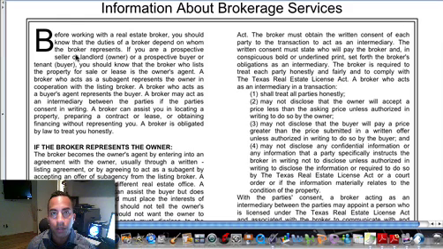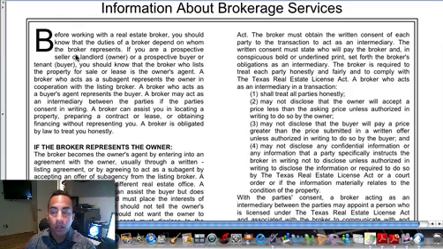The realtor is in a contract to have fiduciary responsibility to look after his client, and in that case is the seller. So his obligation is to get as much money for the client as possible, the seller, to look after his best interests, and to make sure the transaction goes smoothly for the seller.